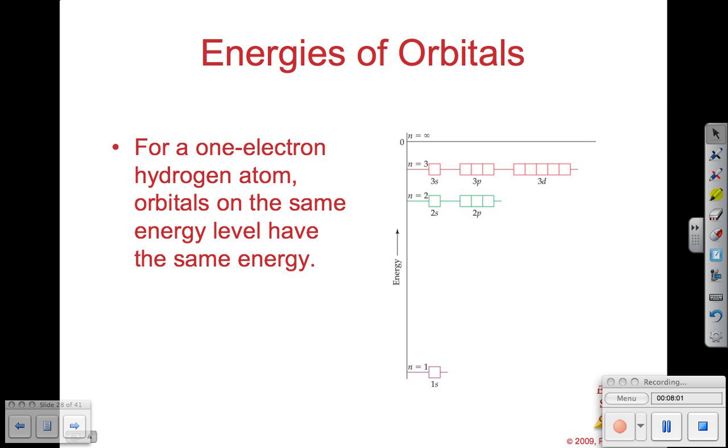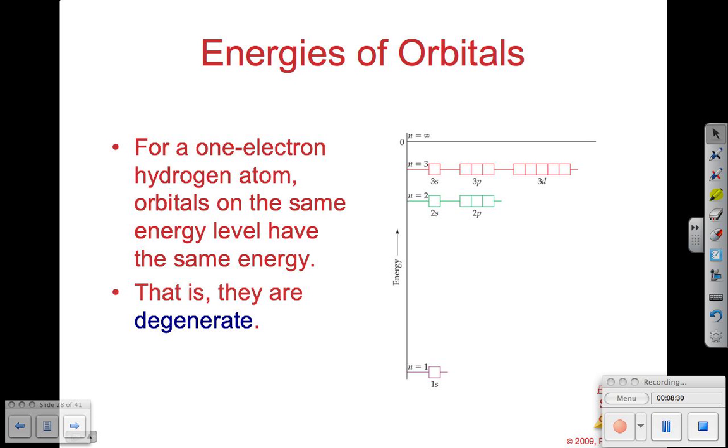So then, with the energies of the orbitals, the lowest energy is the 1s, and this defines the way that the orbitals fill, the orbital filling pattern. Well, the lowest energy level is where the electron is going to be, so it starts out going into the 1s first.